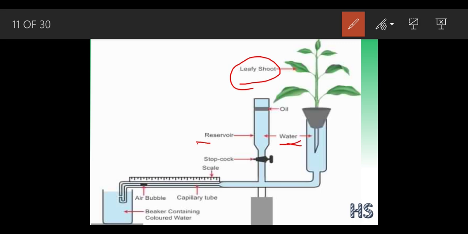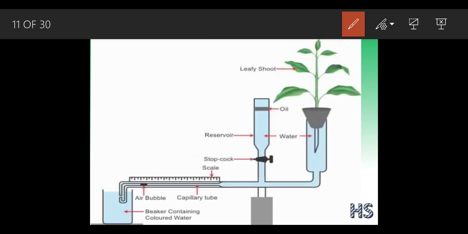And this is a reservoir. The upper part of the reservoir is covered with oil. And there is also water inside this reservoir, as we can see out here. There is a stopcock. This stopcock helps to close and open the tap.